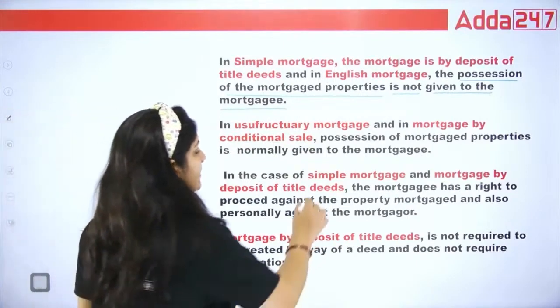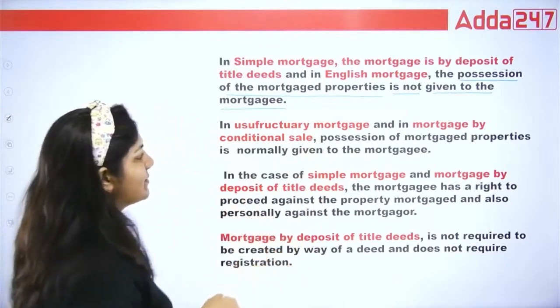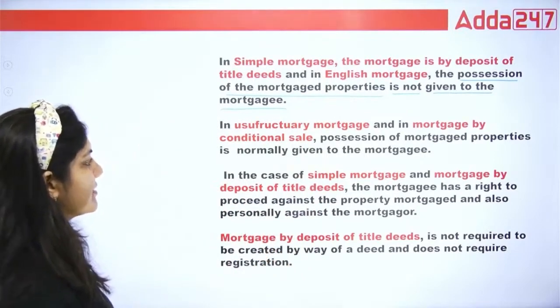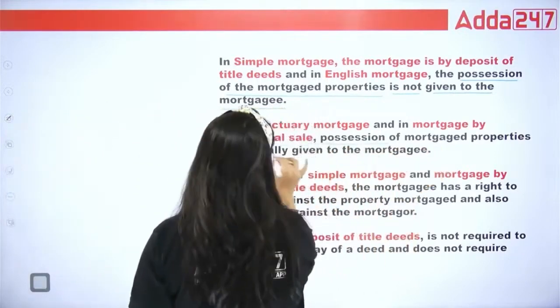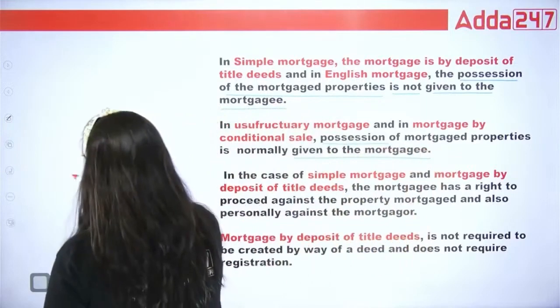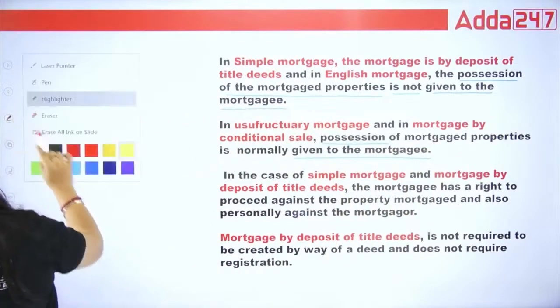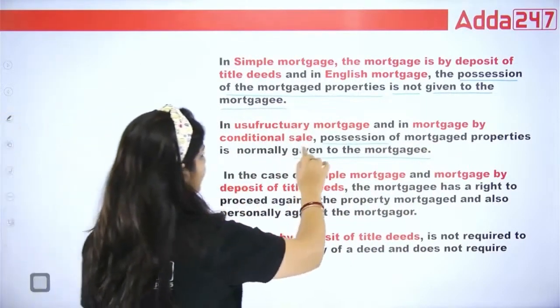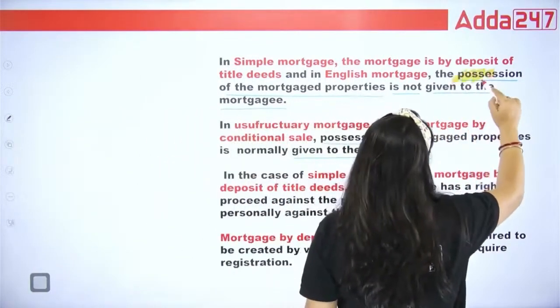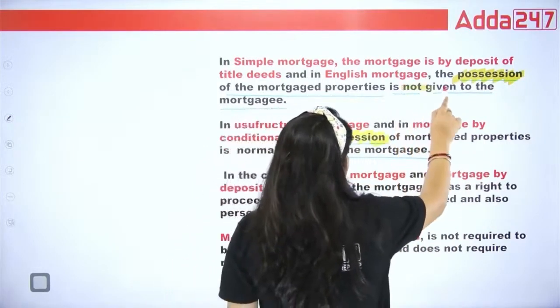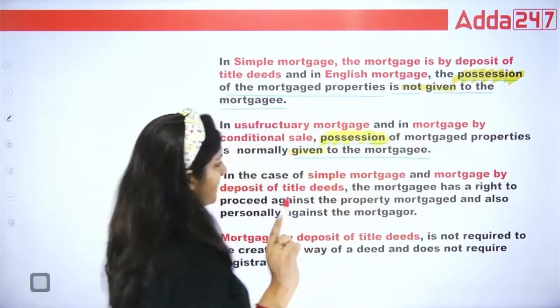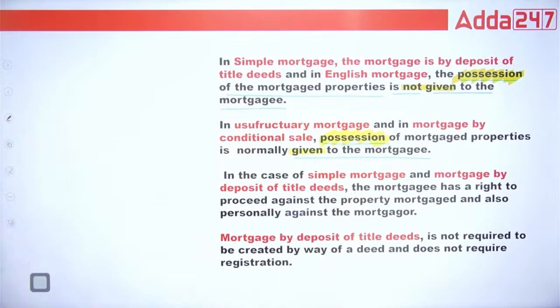Then in the usufructuary and conditional mortgage, the possession is given to the mortgagee. So now see, the possession is given to the mortgagee. So in these two sentences, the word possession is there that we are talking about. In this one also, this one also. Not given, this one given. Try to understand each concept.